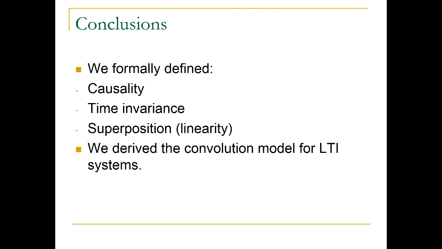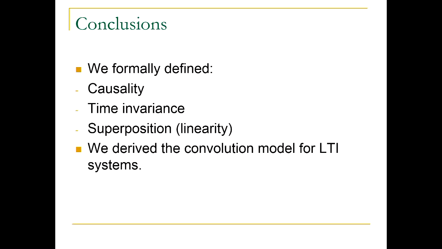Time invariance means that if I repeat the same experiment today or tomorrow with the same input, I will obtain the same output. The system doesn't change over time, right? Linearity or superposition means that a linear combination of inputs will produce a linear combination of the outputs, which were responses to these inputs, right?